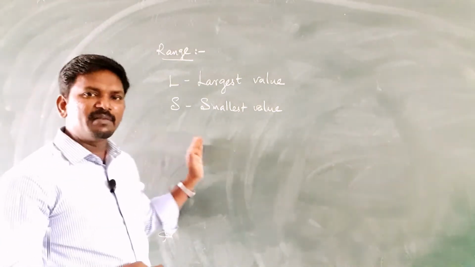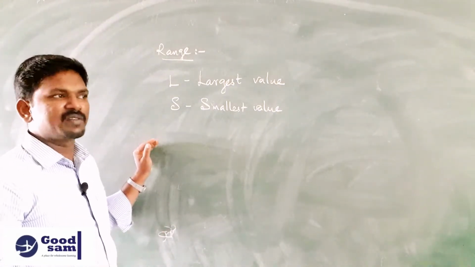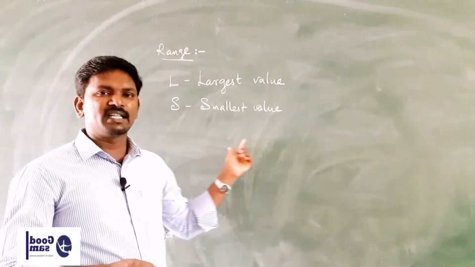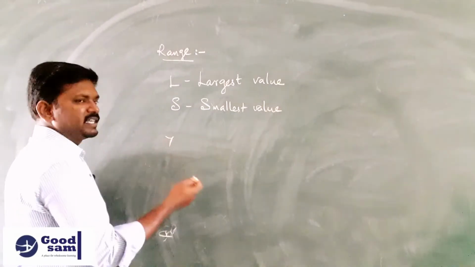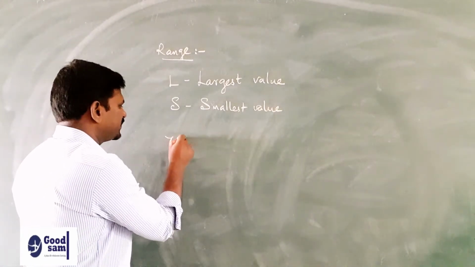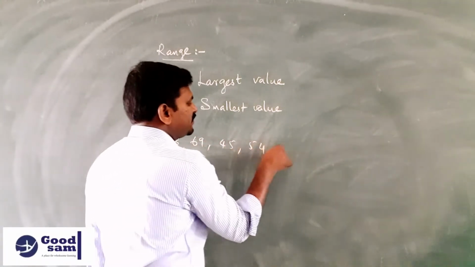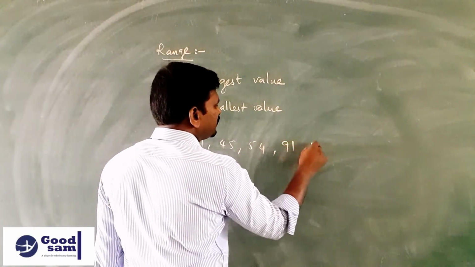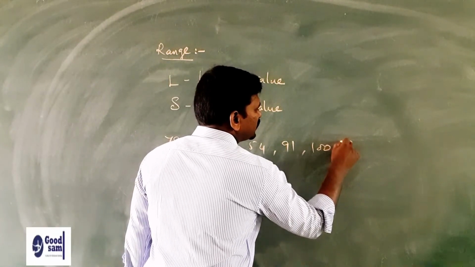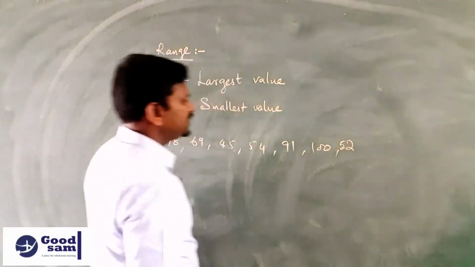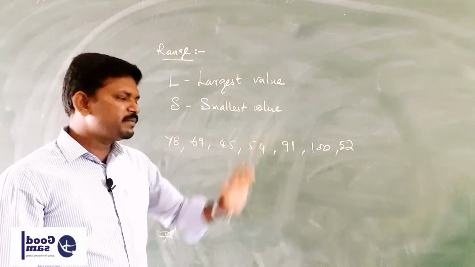I am just writing, this is not a book question: 78, 69, 45, 54, 91, 100 and 52. This is the data, marks obtained by some students in the math exam.